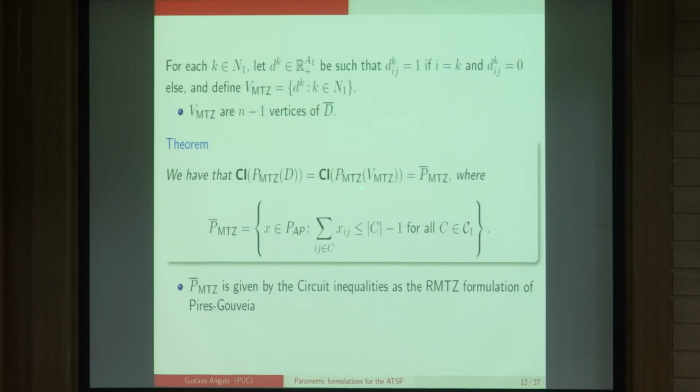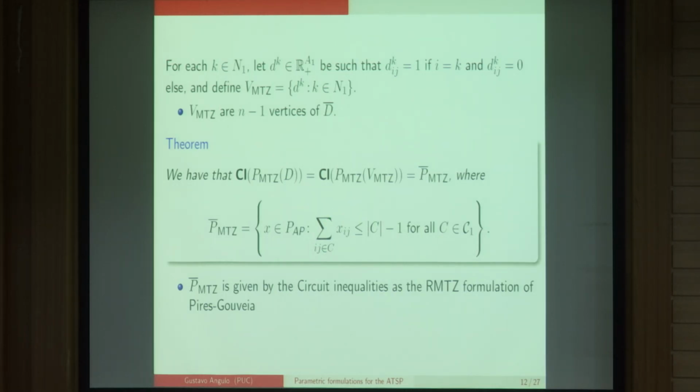Notice here that we are intersecting n-1 sets, while here we have an infinite number of sets, and these two intersections are the same, which we call P bar, and this formulation P bar is this one.